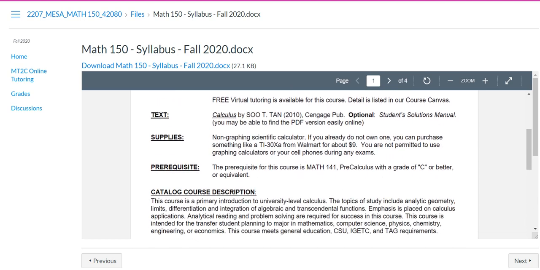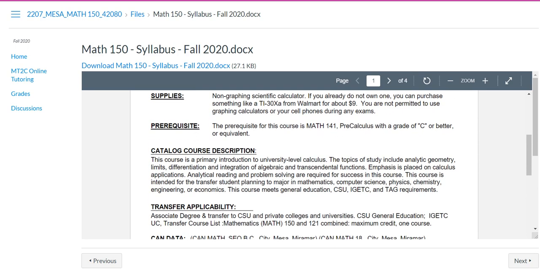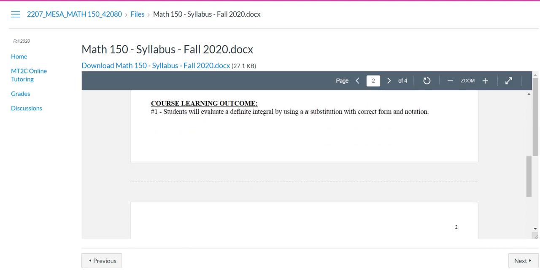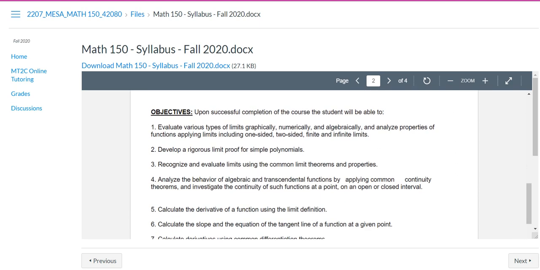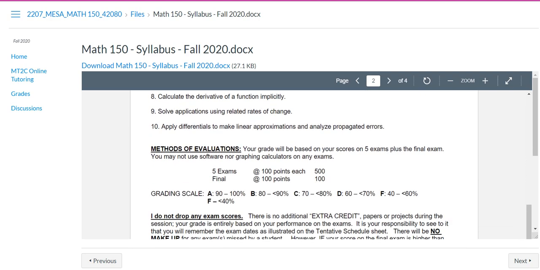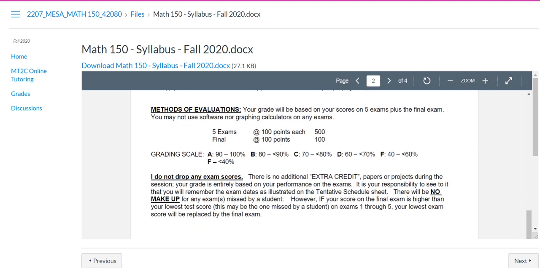And based on your background, your prerequisite knowledge, I can gauge whether that solution came from the student or it came from a higher up. So please make sure that you work the exams yourselves and that you're not getting outside help on those.